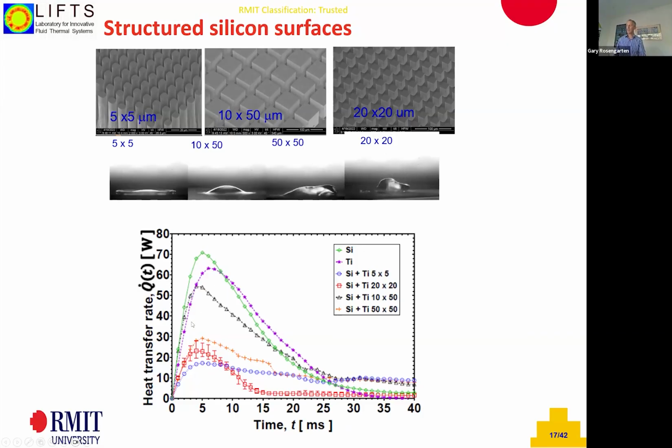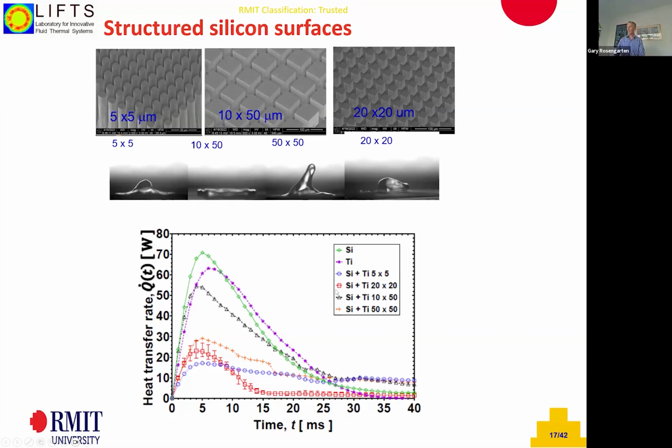We can calculate the heat transfer rates, and I'll show you how we did that coming up. But it certainly has a fundamental effect on the heat transfer rates as well. This was just a flat silicon surface, well, silicon with a titanium coating on it, just to make it a little bit hydrophobic.